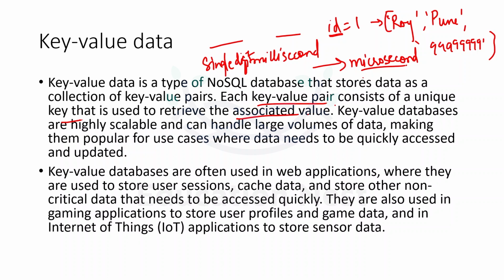You will see key value databases in web applications where we want to store user sessions, cache data, and other non-critical data that needs to be accessed quickly. They are also used in gaming applications where we want to store user profiles or game data, in IoT applications, or in e-commerce stores for creating product catalogs.